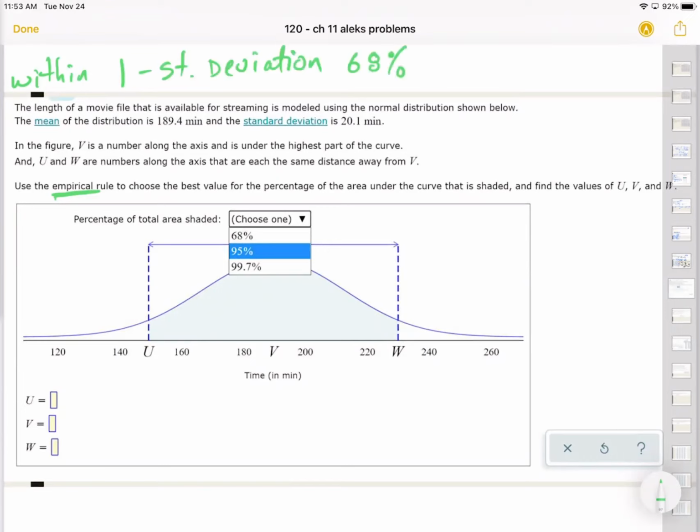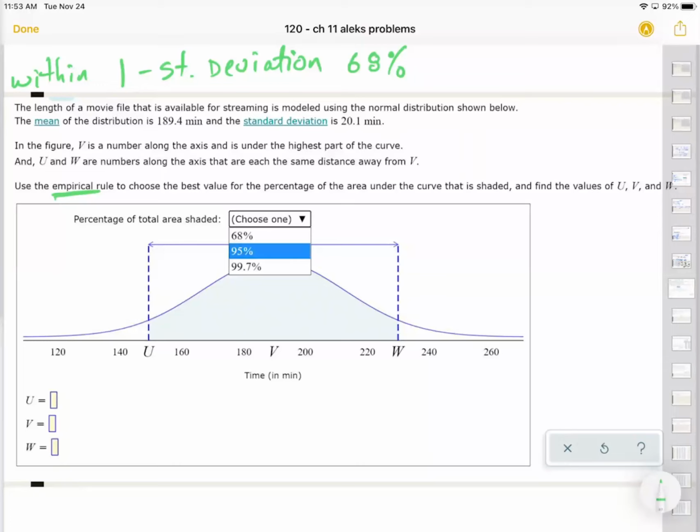Within 2 standard deviations is 95%. Within 3 standard deviations is 99.7%. So this is what they tell you. Let's take a look at this information, right? The information they give you is the length of the movie file available for streaming is modeled using a normal distribution below. So this bell-shaped curve is below.